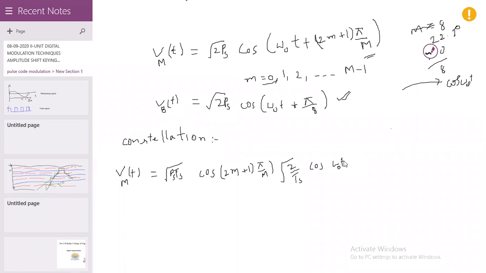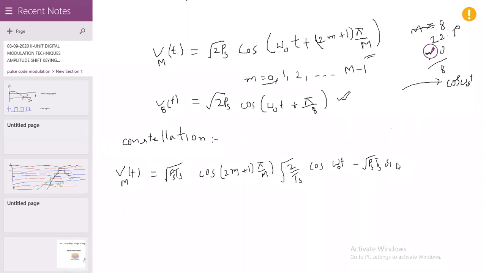Please note down parallelly, otherwise you have to write your own. Already you have written this one similar to that for QPSK. In QPSK that is in pi by 4 only. In this M array PSK it is pi by m, that is the only difference. Please write your own equation.